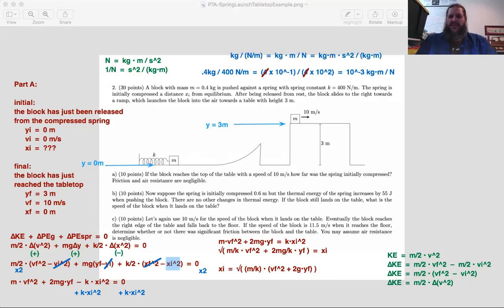And what does that simplify to? If we've got kilograms times meters divided by newtons, and we fill in newtons as kilogram meters per second squared, what happens when we simplify this? If we have kilograms times meters times second squared divided by kilograms times meters, what's going to happen?